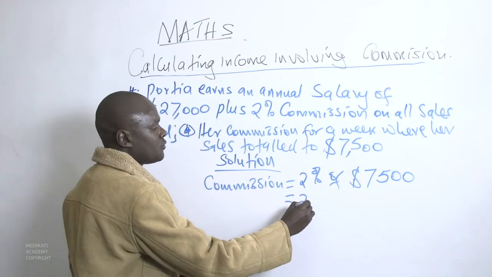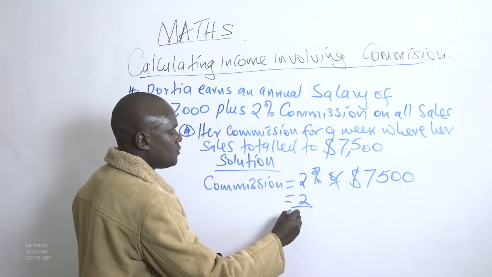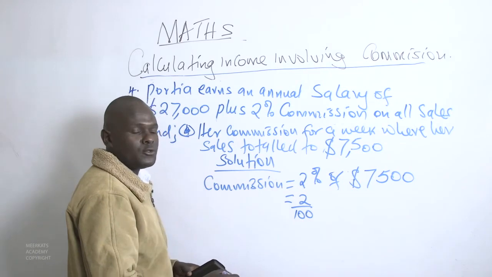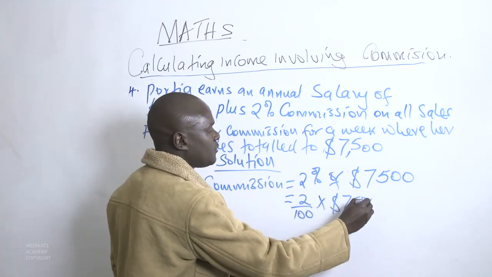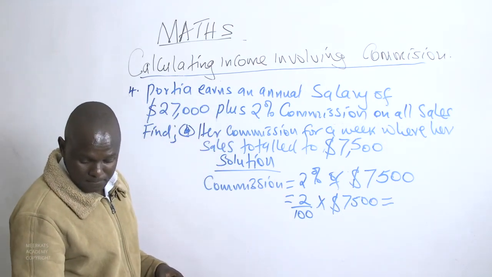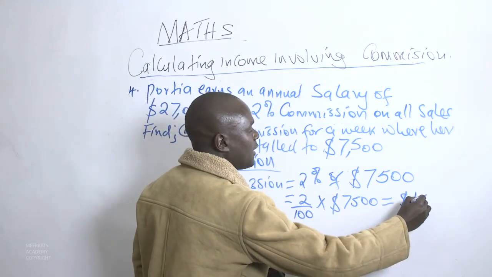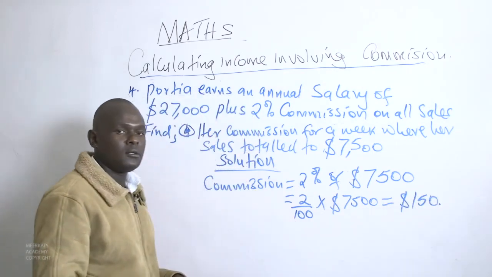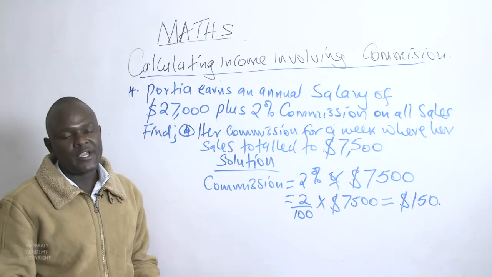So this commission will be 2 out of 100 multiplied by $7,500, giving us $150. That is the commission that Portia will make in a week.